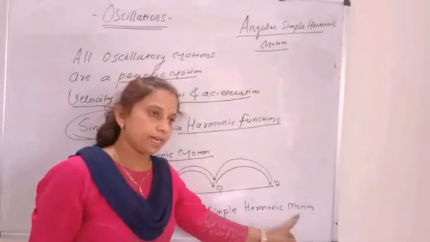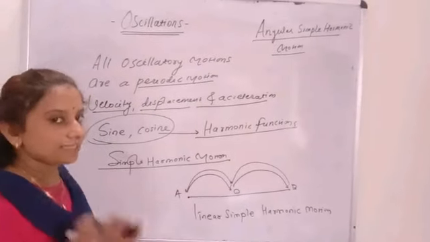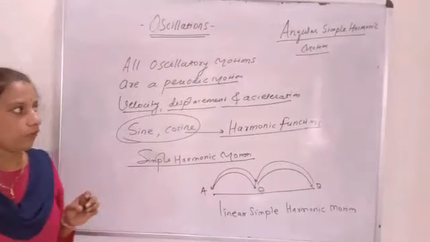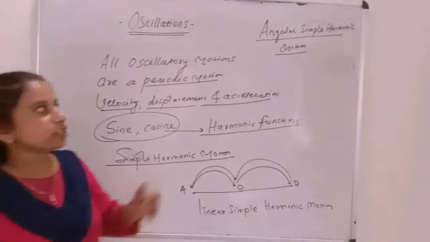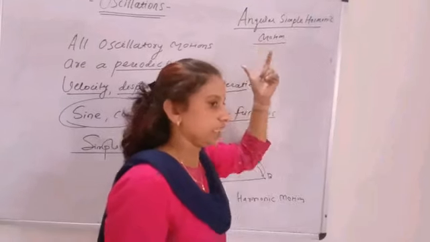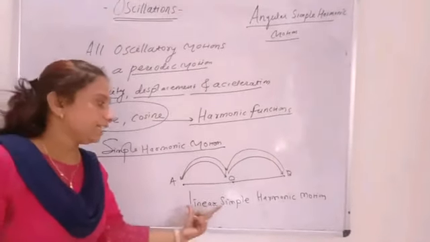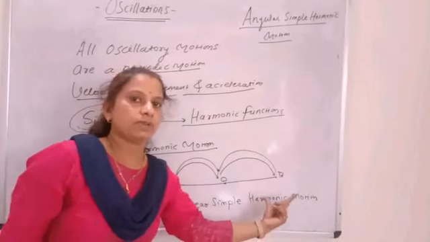But if the path is an arc of a circle, then this motion is known as angular simple harmonic motion. In this chapter, we will study linear simple harmonic motion.